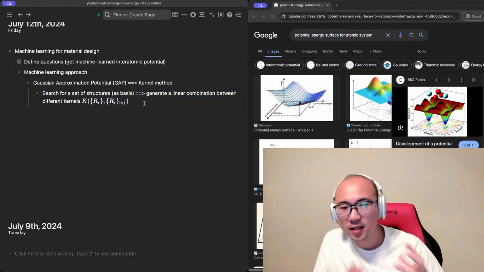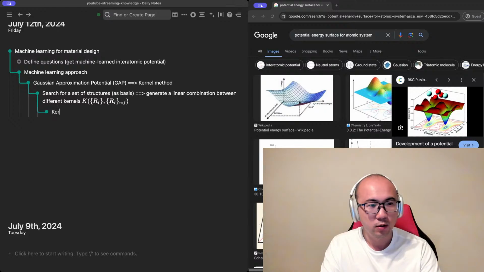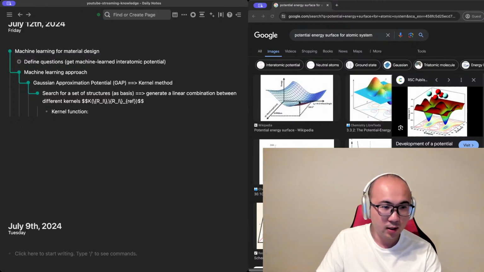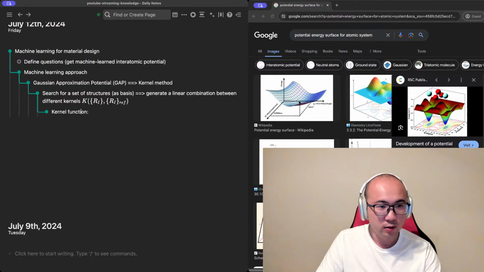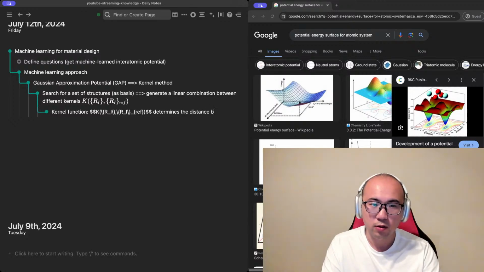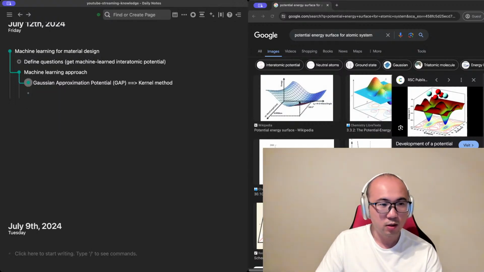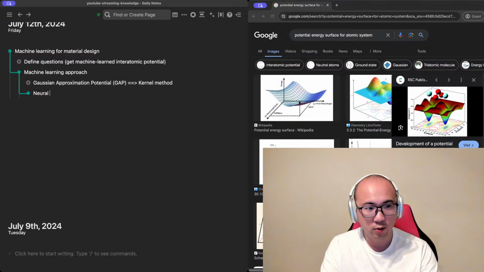So the kernel here is a kernel function, which determines the distance between two structures. You can also treat it as the similarity of two structures. So this is the Gaussian approximation, and the other one, which we all know, is the neural network.